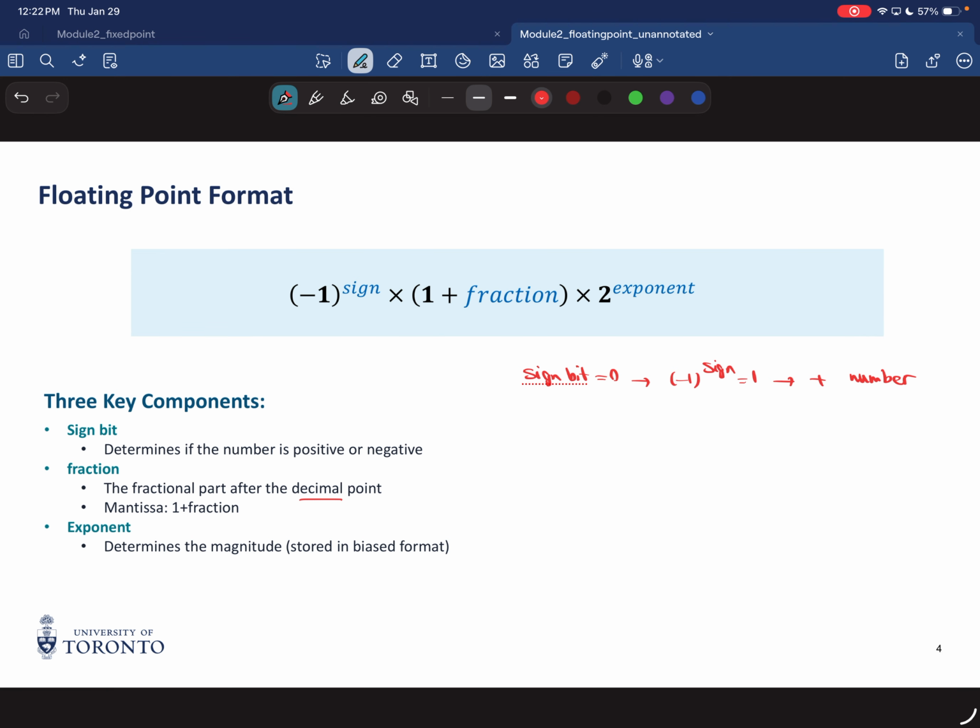Mantissa is a weird word. Once the fraction is given to us, the 1 plus is implied, so it's always coming with it. The exponent determines the magnitude, and the fraction determines the resolution, right?